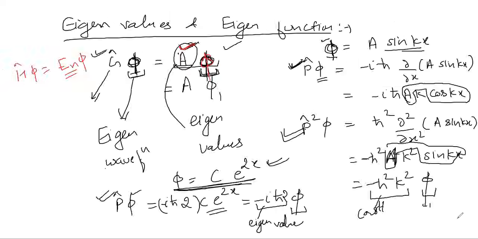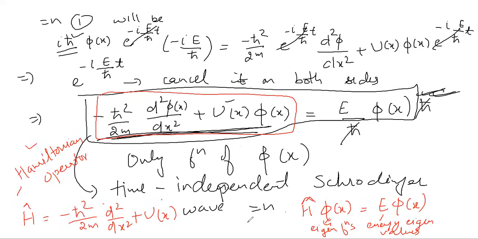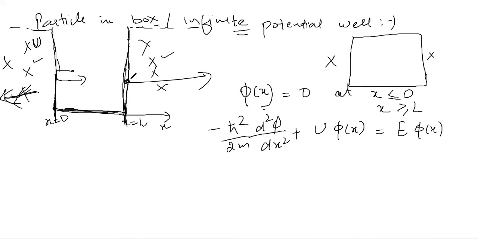This was your time independent Schrodinger wave equation. Because your potential is constant here, your potential does not have any time dependence. Hence, I can start with the time independent Schrodinger wave equation itself. Now, look at this axis here. Between x is equal to 0 and x is equal to L, your potential U is equal to 0 here, and then it increases in this direction.